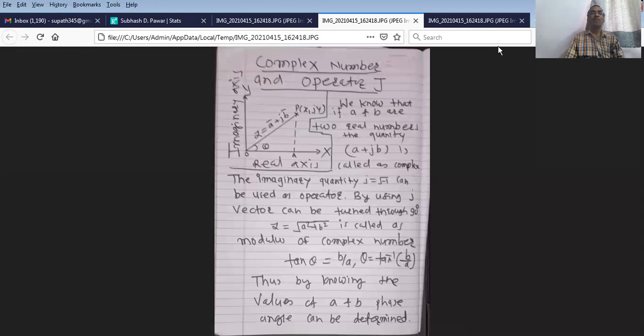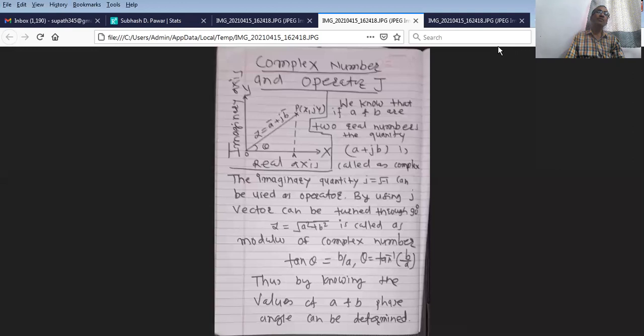Similarly, in the case of a capacitor, the current lags behind the voltage by 90 degrees. This lagging is shown by turning the vector to minus 90 degrees. That is, it is shown along the negative y-axis.